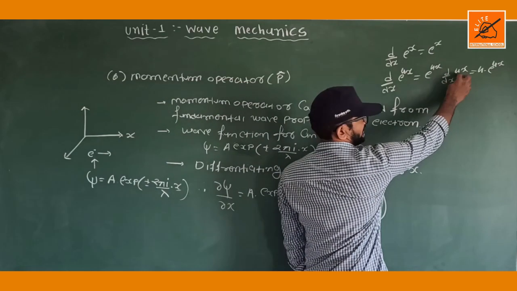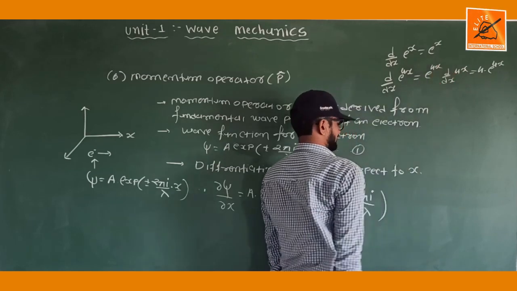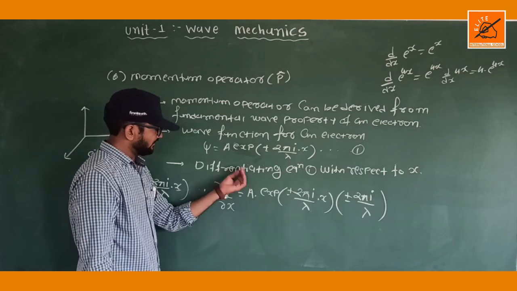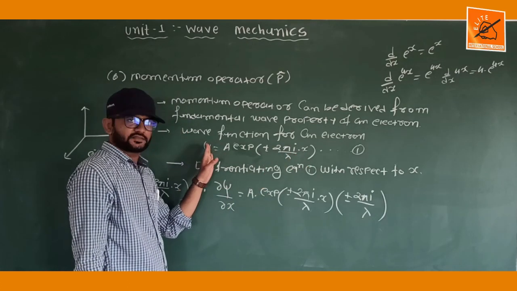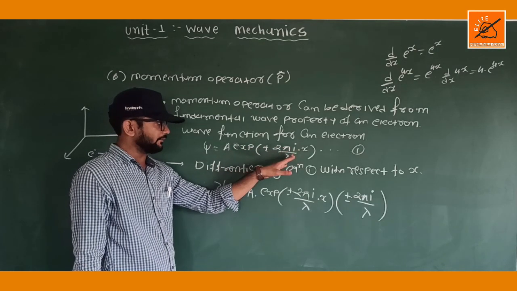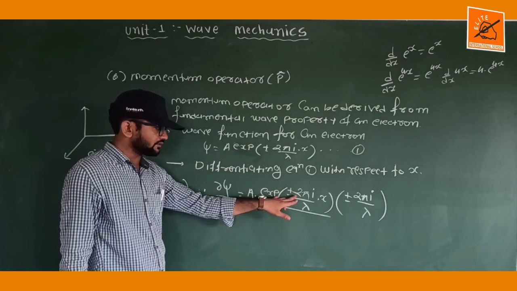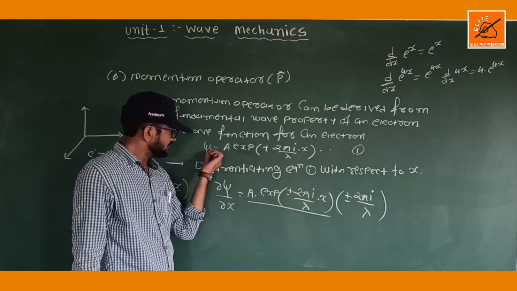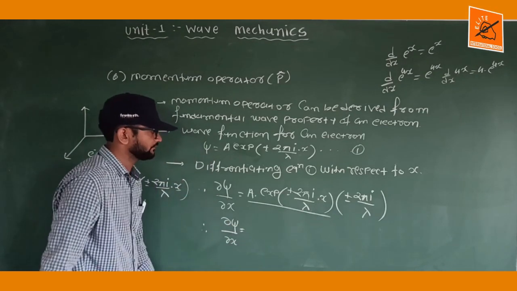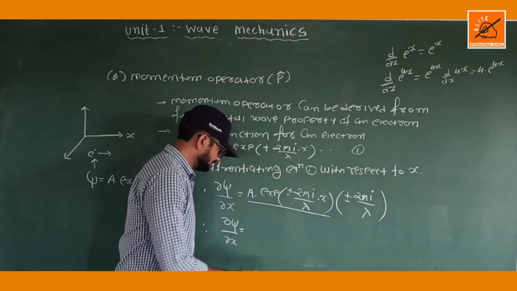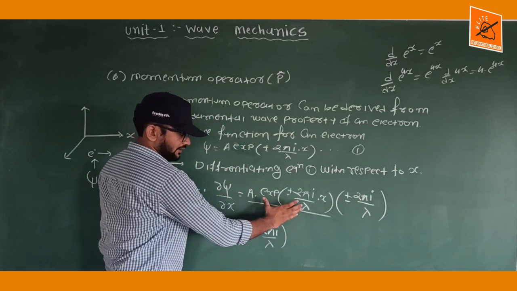Just as d by dx of 4x gives 4 into e raised to 4x. Now suppose the value of A exponential plus or minus 2 pi i upon lambda into x is equal to psi. Then this equation will become d psi upon dx is equal to plus or minus 2 pi i upon lambda into psi, where this whole term becomes psi.